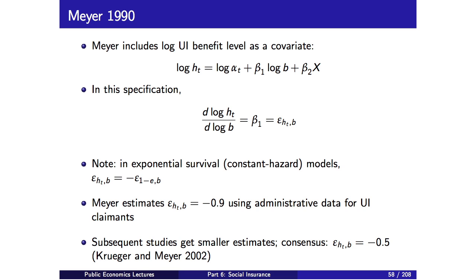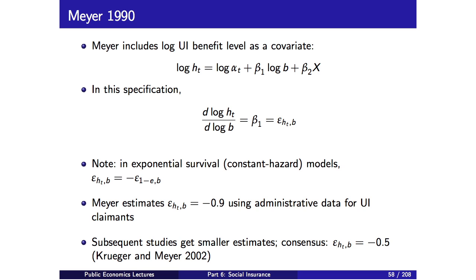So if I include as a regressor log B, then the way I can interpret beta 1 is the elasticity of the hazard rate in any given period with respect to the level of UI benefits.